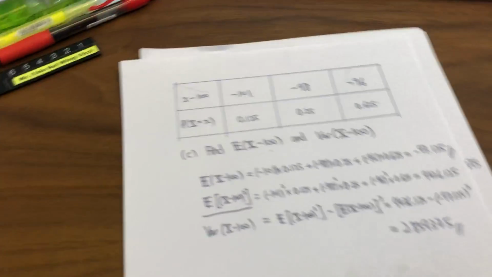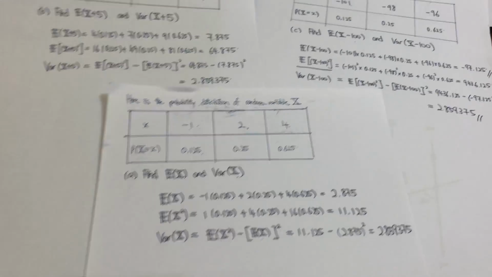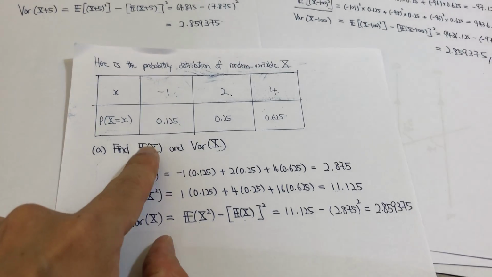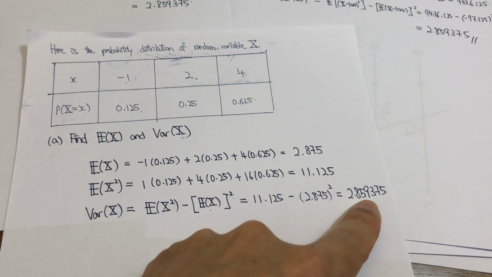So again, let's try to compare. You will see that first of all, the variance of x is 2.859375.